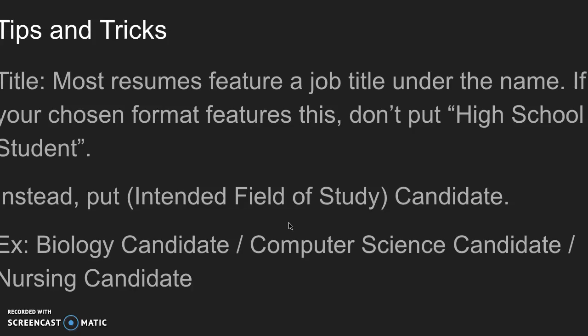Because right now, as a high school senior, that's what you are. Even if you've been accepted, you are still a candidate because things could still occur between now and then where circumstances may change. I don't anticipate that happening, and you shouldn't anticipate it either, but stay humble. Have it say computer science candidate or biology candidate.